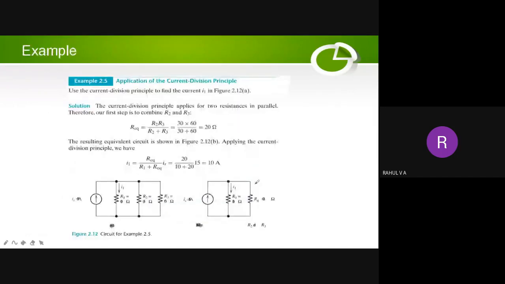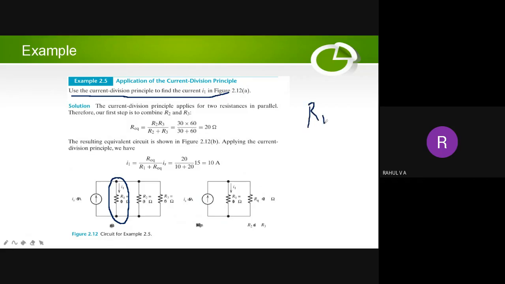So here we have a numeric to find out the current. Okay, so we will just read the question. Use the current division principle to find out I1 in the figure. So this is the I1 current. So I can write the resistance values.